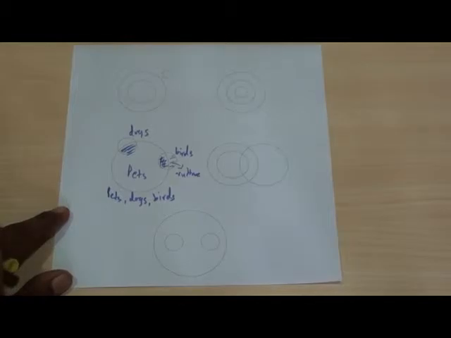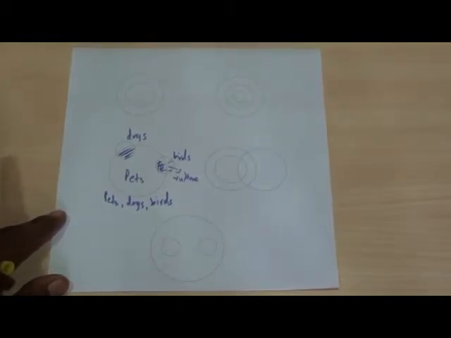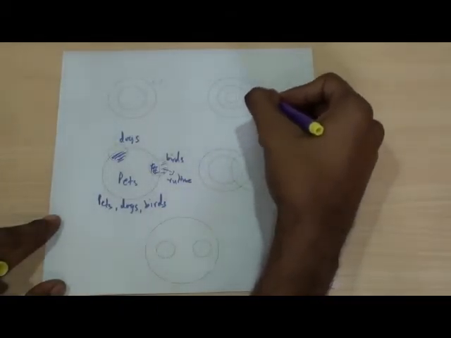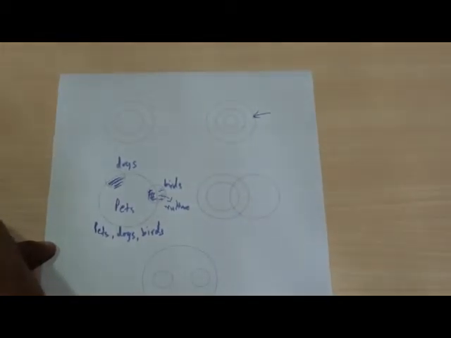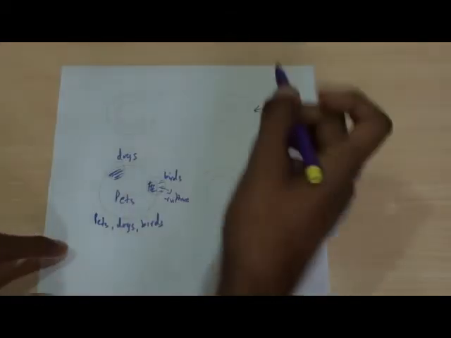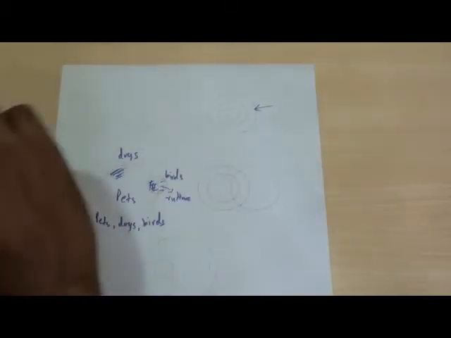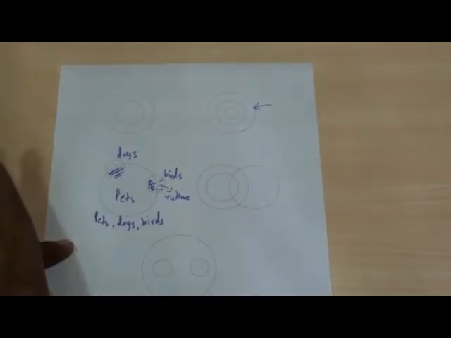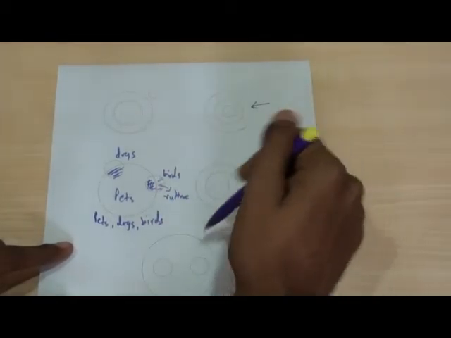Again, we will take one more example: vehicles, motorcycle and Splendor. This time this diagram will represent it best. How? All motorcycles are vehicles. So obviously, if vehicle is the bigger set, motorcycle has to be its subset. Why not this or this?